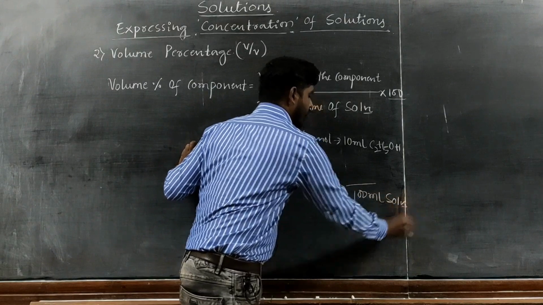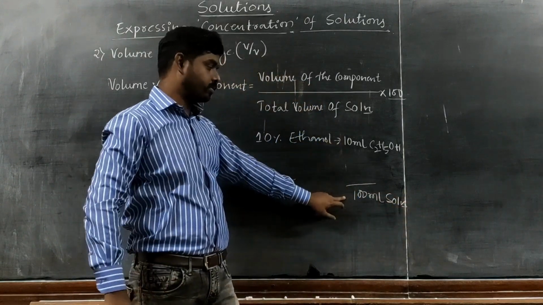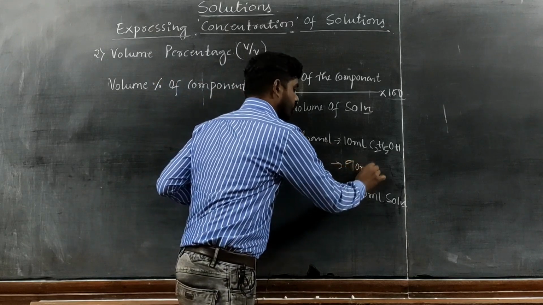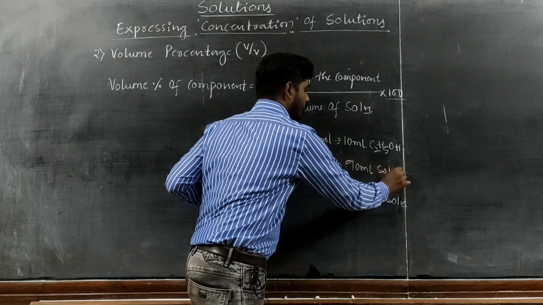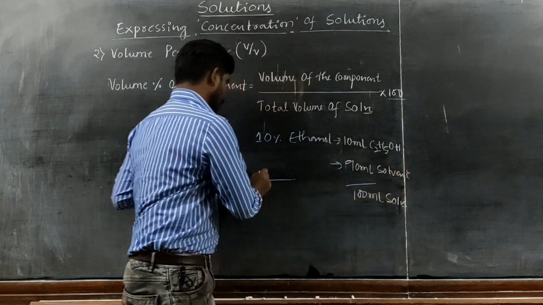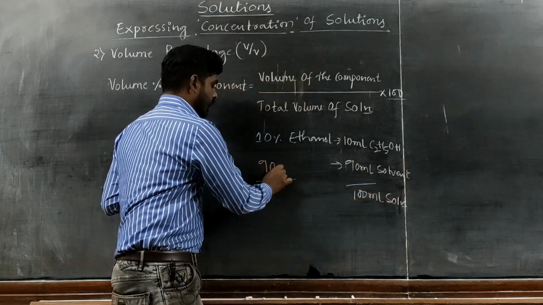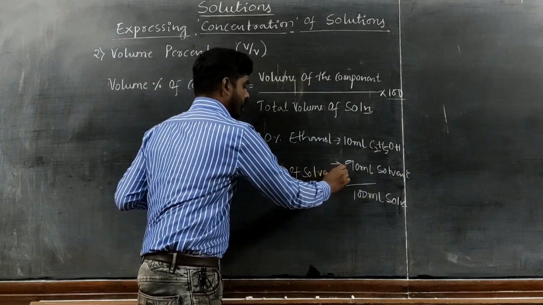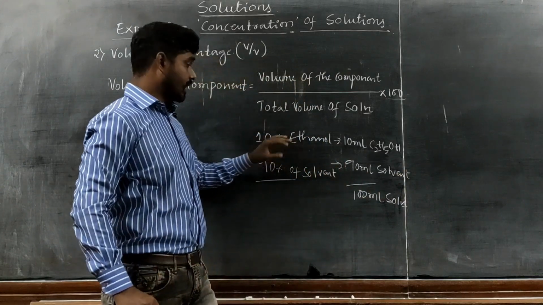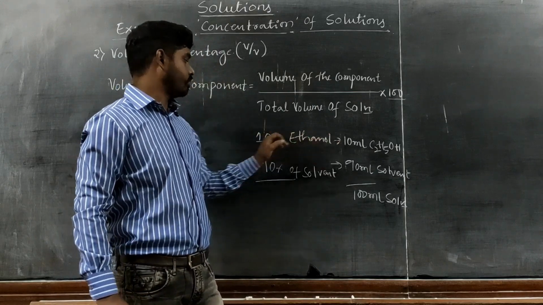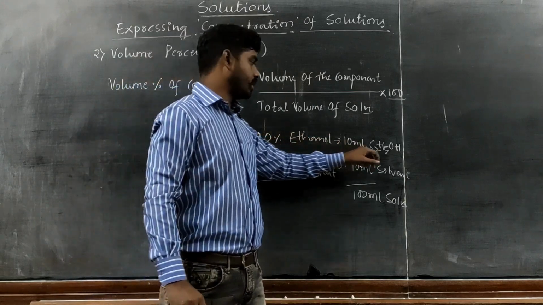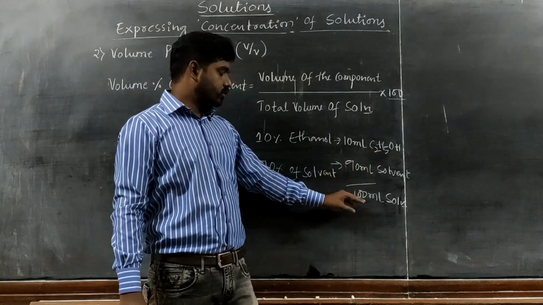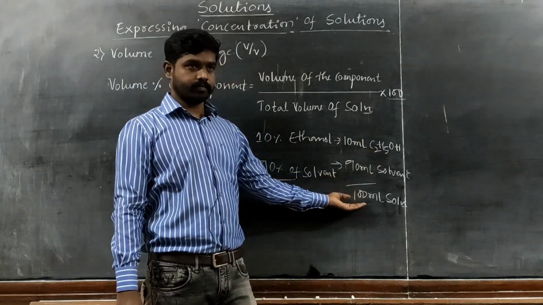So to make it 100 ml, you have to add 90 ml of solvent or water, whatever you want to add. So it becomes 90% solvent and 10% ethanol. That will give you 10% ethanol solution, or 10 ml ethanol dissolved in 90 ml of water. The resulting solution will be 100 ml.